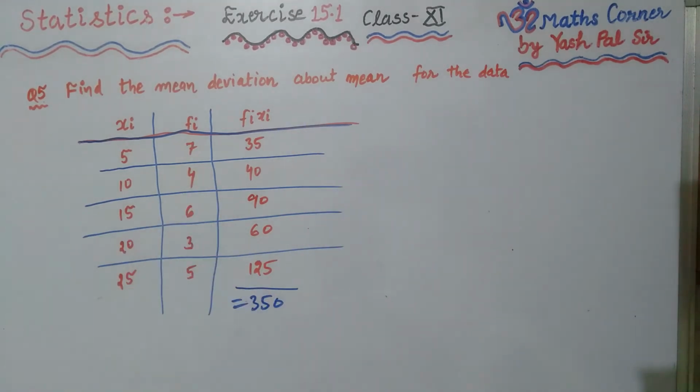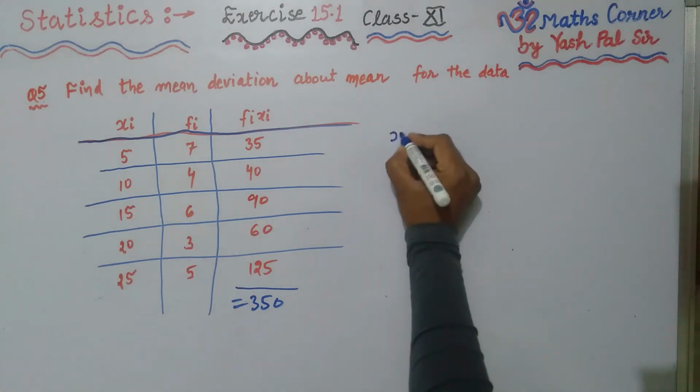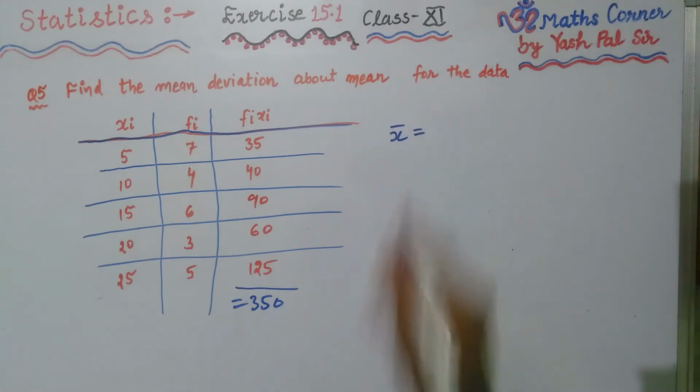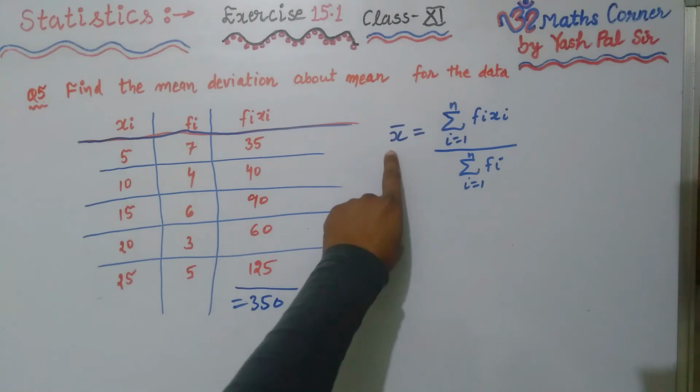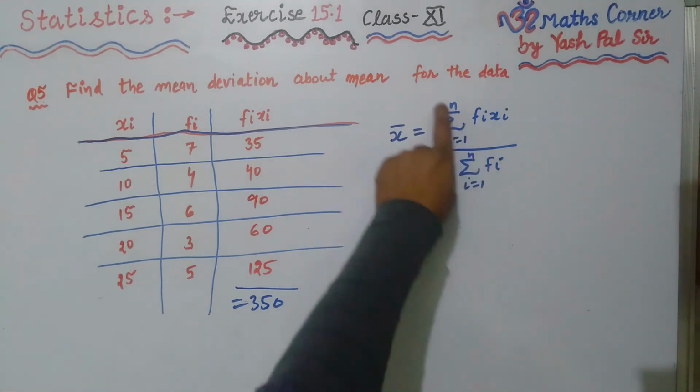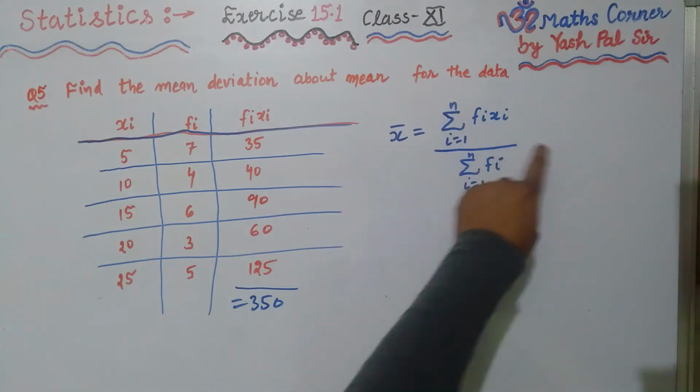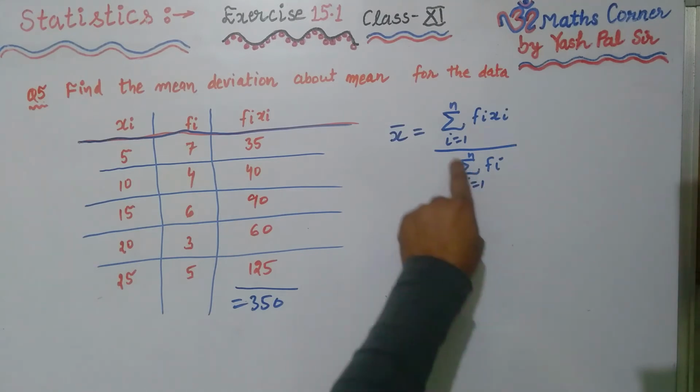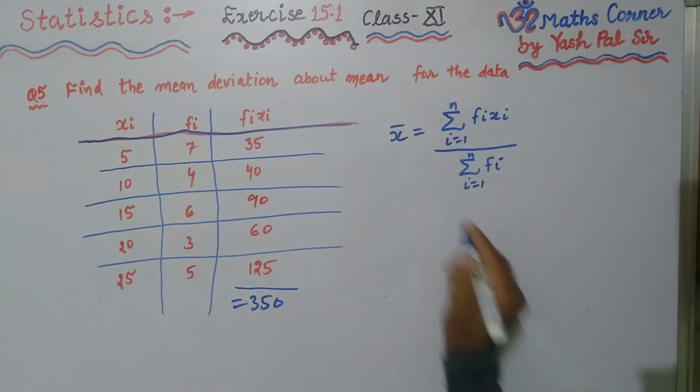Now why this sum? First of all we are finding the mean. The formula is x bar equal to summation i equals 1 to n of fi into xi, whole divided by summation i equals 1 to n of fi.